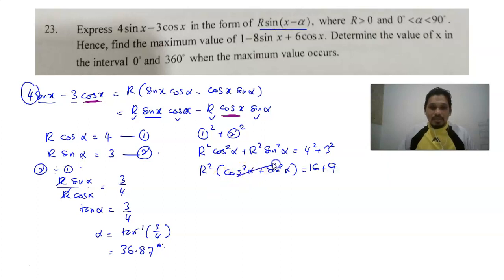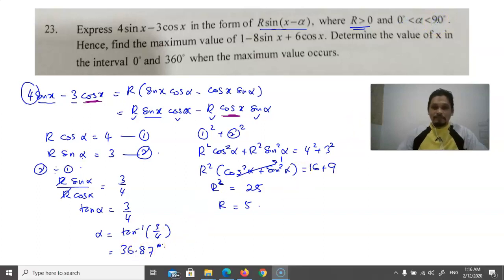Cos squared plus sine squared equal to 1, then r squared equal to 25, then r equal to 5. Where r is positive, so r equal to 5, and the value of alpha between 0 and 90 degrees is 36.87.